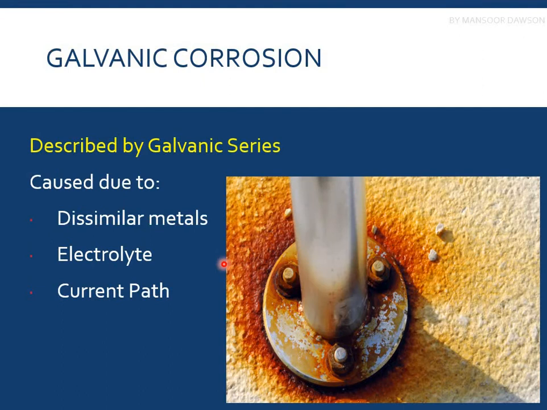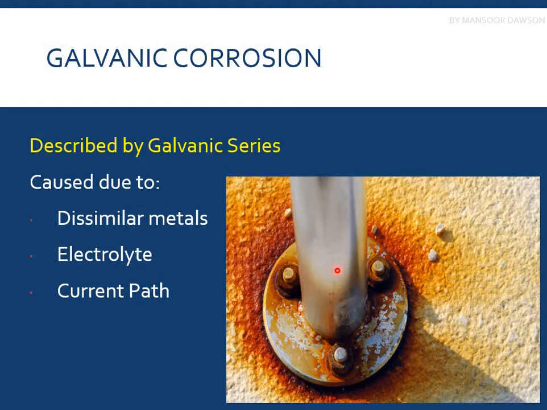Then we have galvanic corrosion. In galvanic corrosion, we have two dissimilar metals, or more than two dissimilar metals, which are joined together. So the more anodic part would react first, and the more cathodic would react after.